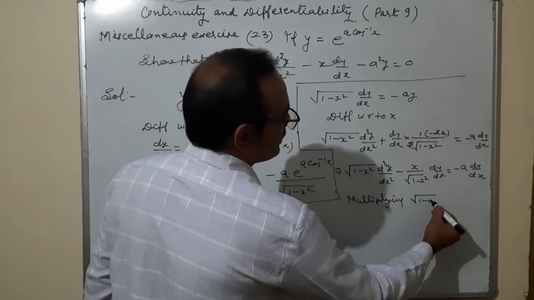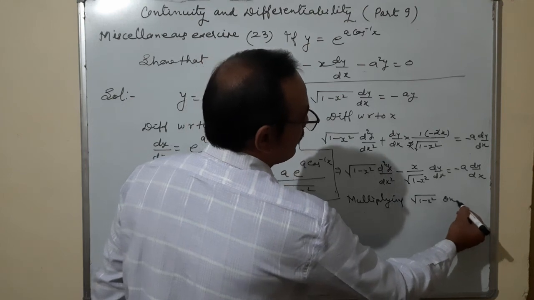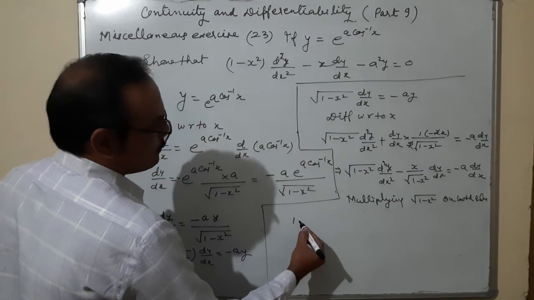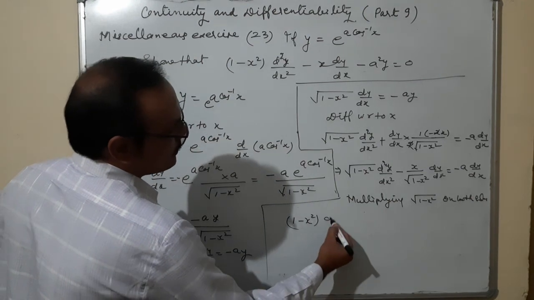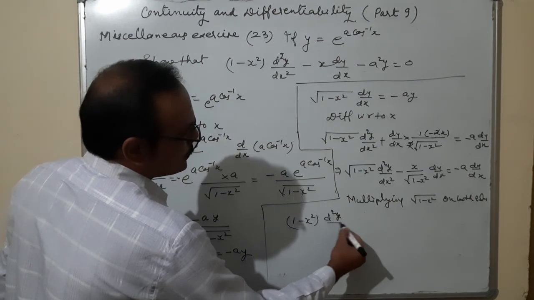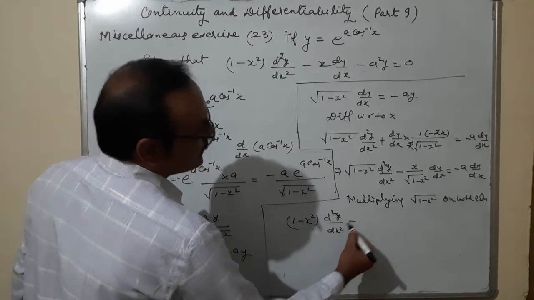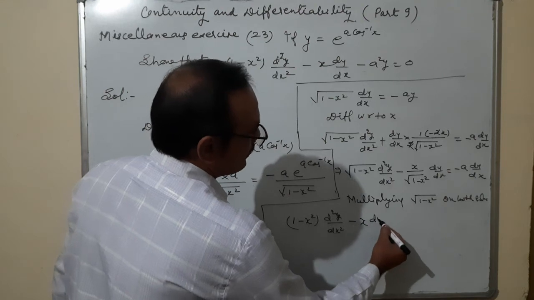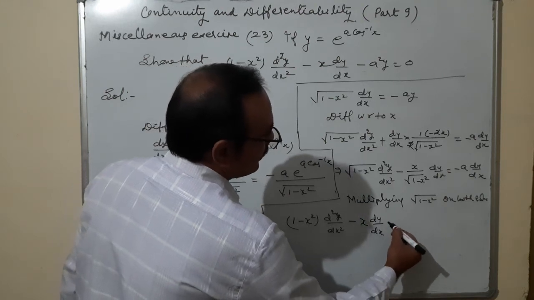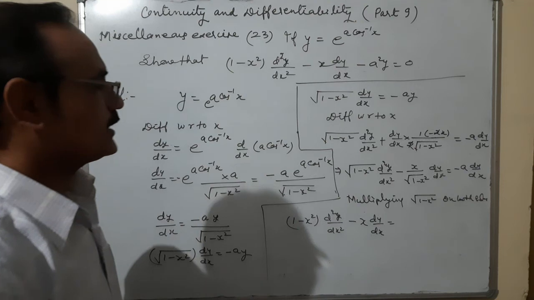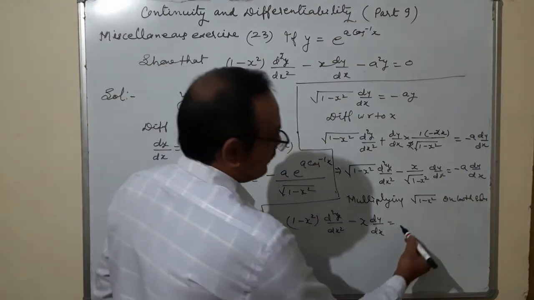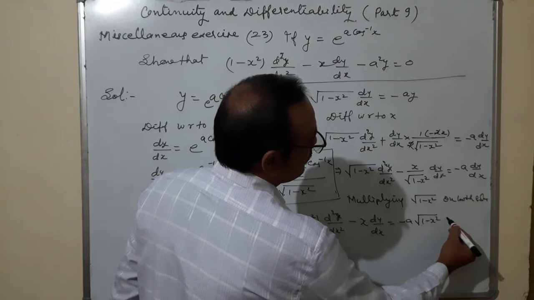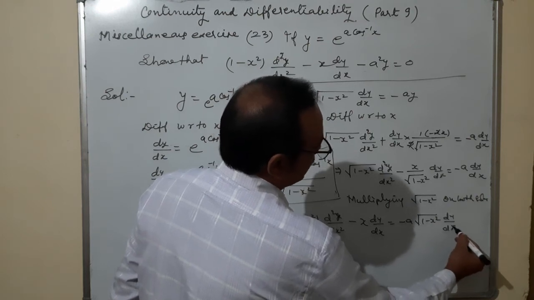So it is coming 1 minus x square d square y by dx square minus x dy by dx is equal to minus a under root 1 minus x square dy by dx.